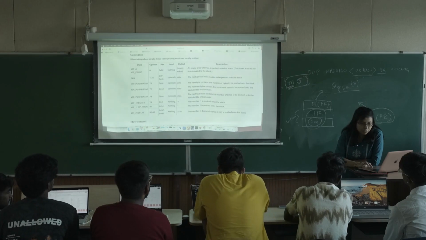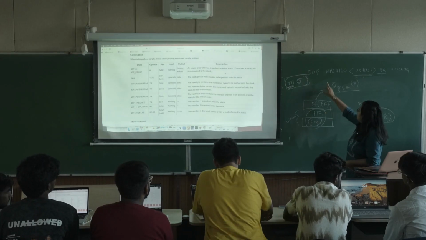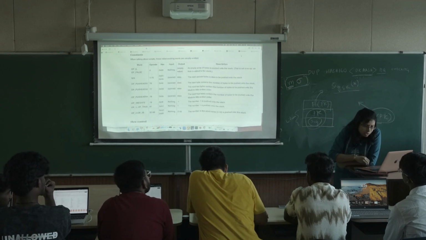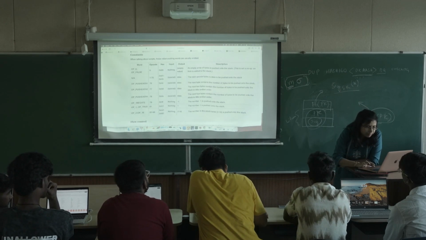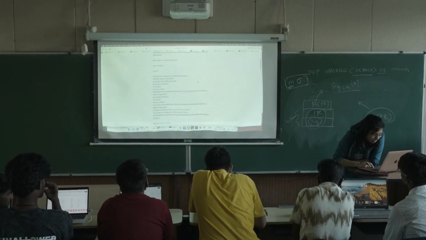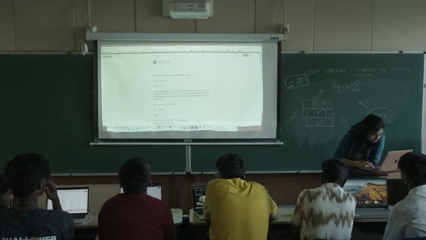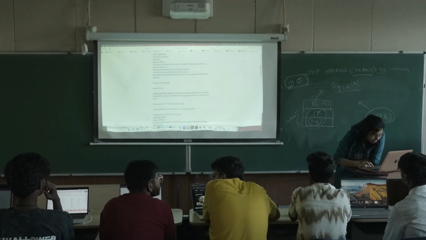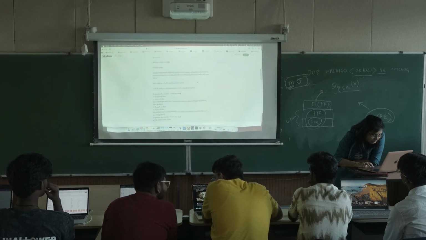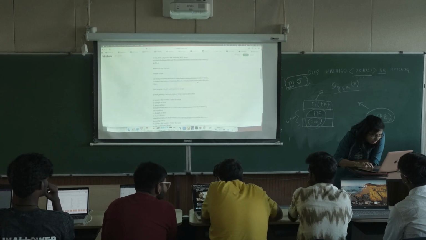What we were doing is DUP HASH160. So let us look into SegWit and see what DUP is.